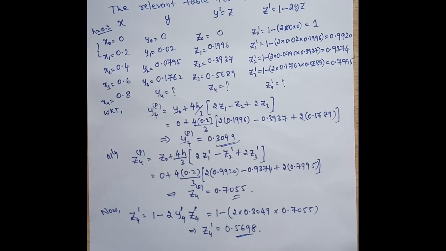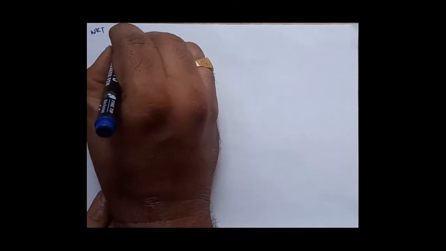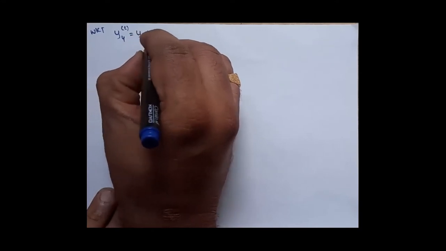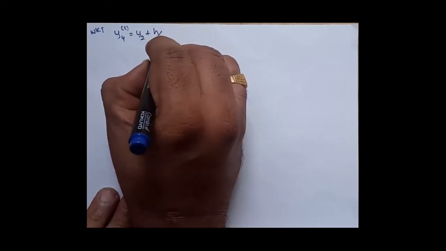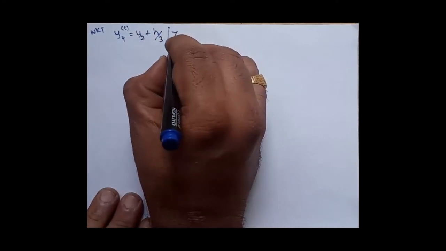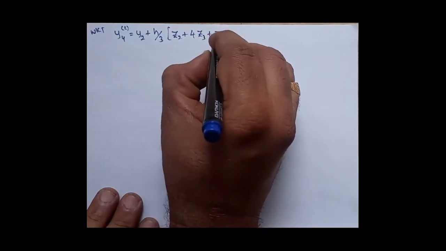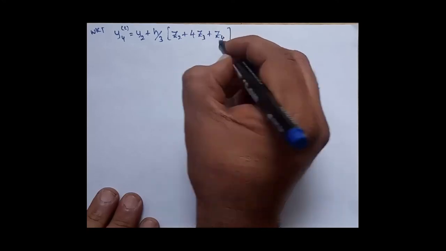So with this, we'll go for the corrector formula now. We will see what the corrected value is for this problem. So we know that y4c, the corrector formula, is y2 plus h by 3 into z2 plus 4z3 plus z4.